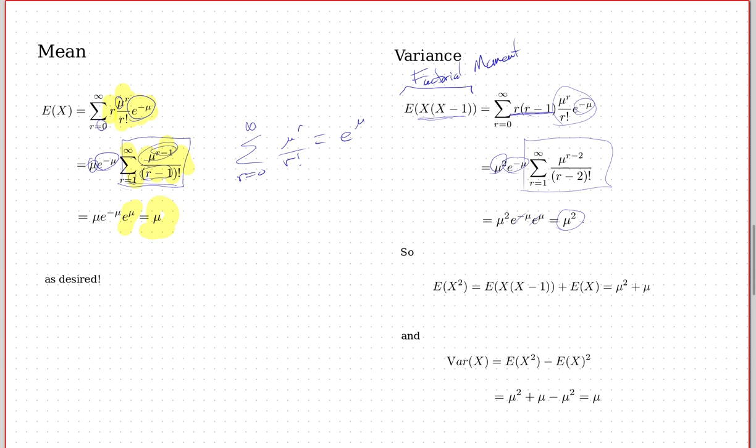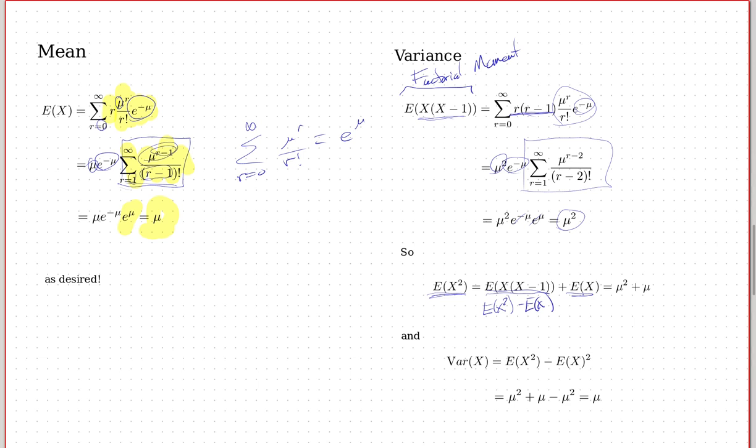Now, the question is, how does this relate to the variance? Well, first of all, the second moment we can now compute easily. The second moment is the expected value of x squared. And we just computed the expected value of x times x minus 1. So that's the expected value of x squared minus the expected value of x.